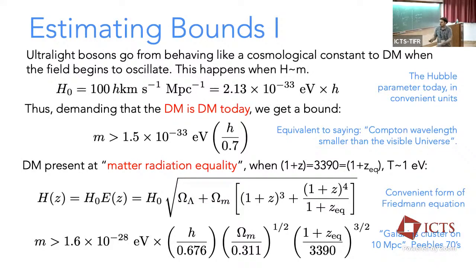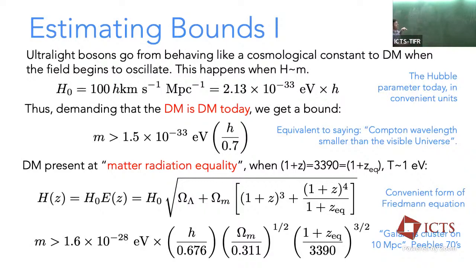I'll go through that again. The field phi starts with some value and starts to oscillate. The field starts to oscillate when the Hubble parameter is of order the mass of the particle. That's because the equation of motion is a damped harmonic oscillator where the Hubble parameter is the friction.